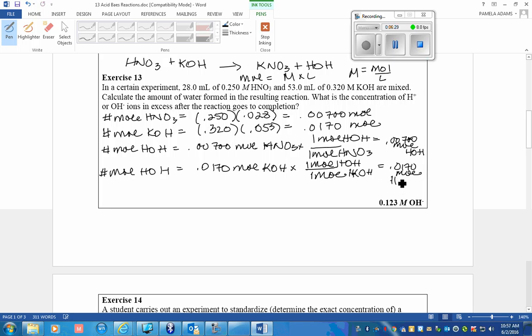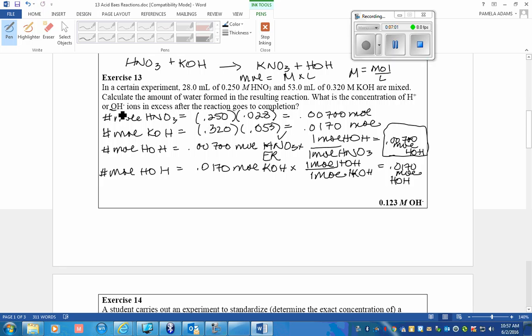So our limiting reactant is the HNO3. If we had to do the amount of water in grams, I'm lazy, so I'm not. A mole is an amount. So the number of moles of water that can be formed is 0.00700 moles of water. That makes HNO3 the limiting reactant and KOH the excess reactant.